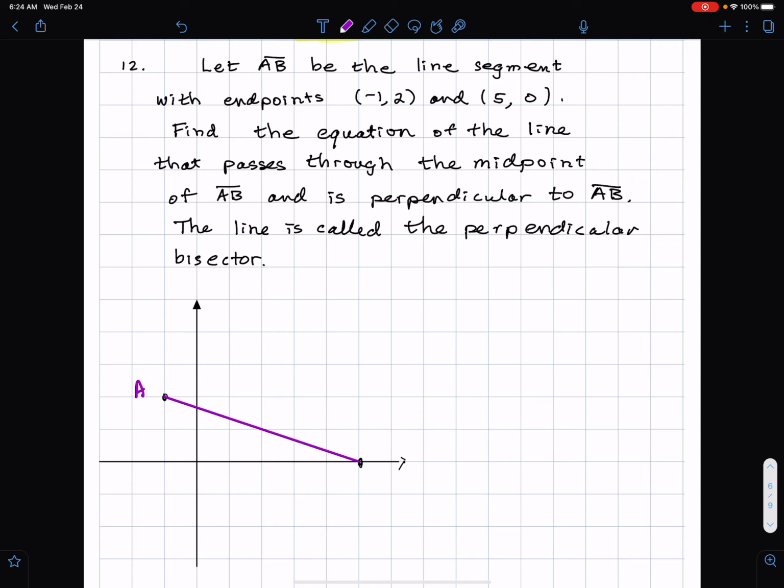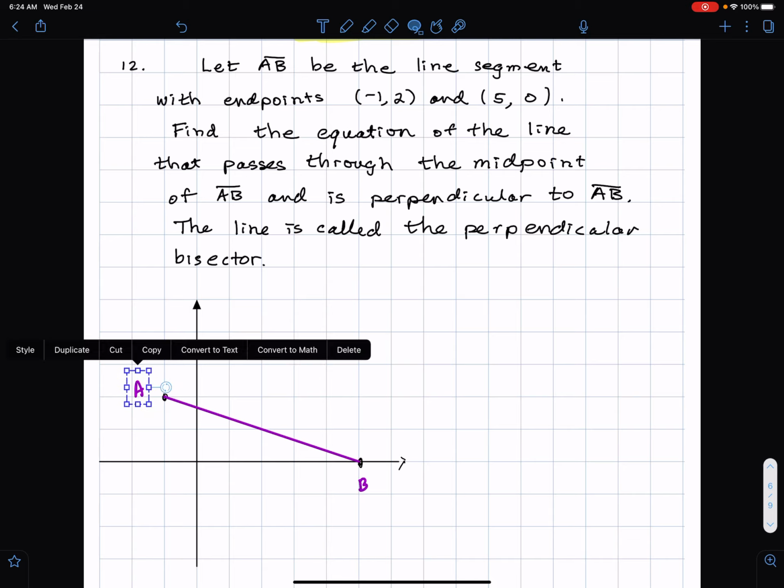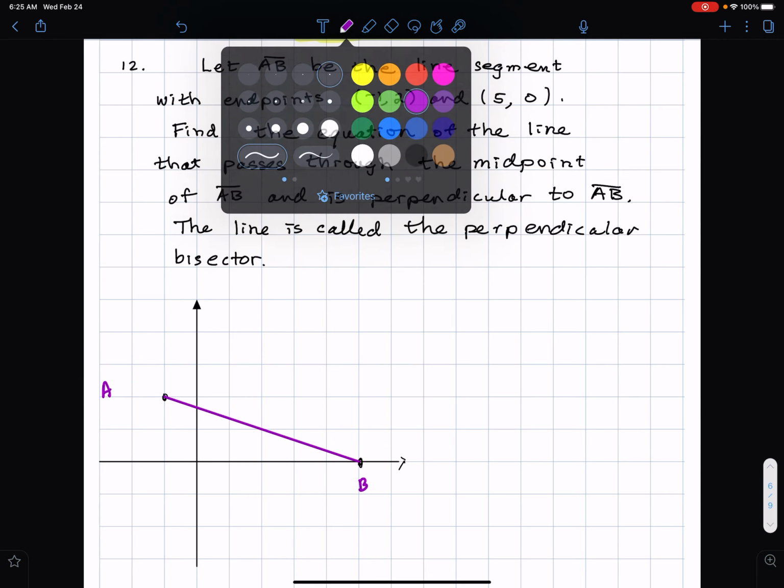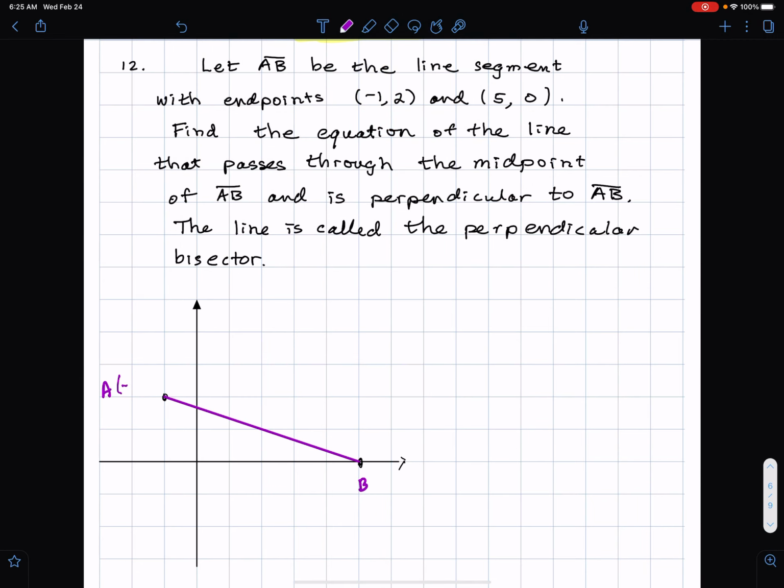So here's A and here's B. A is given as -1, 2, and B is given as 5, 0.